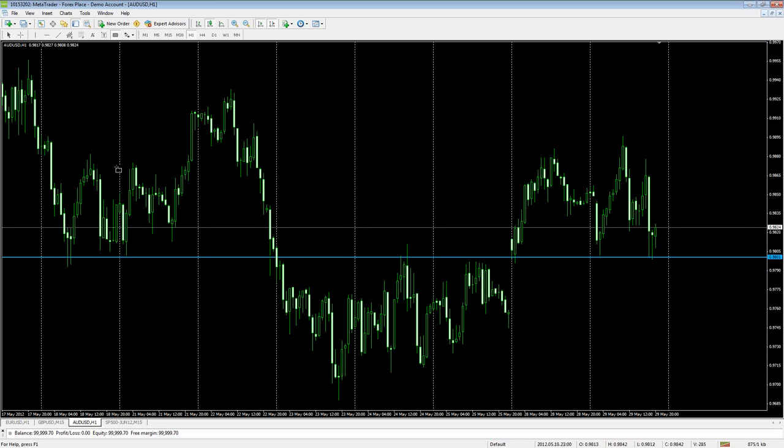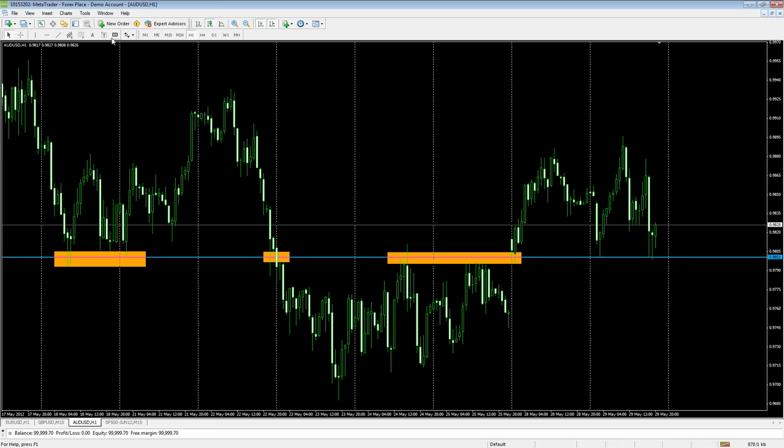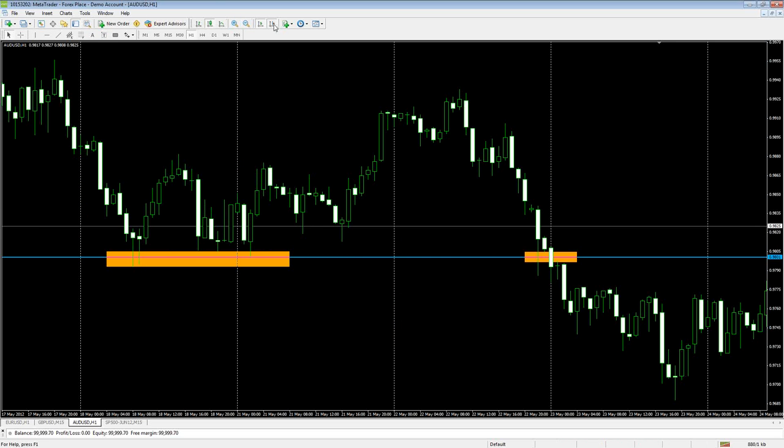Support around here, then it broke, and then it turned to resistance around all this area, and then support again after the gap. You see how the gap closed right above this resistance area, so it gapped above it. And here a wonderful setup to enter long.